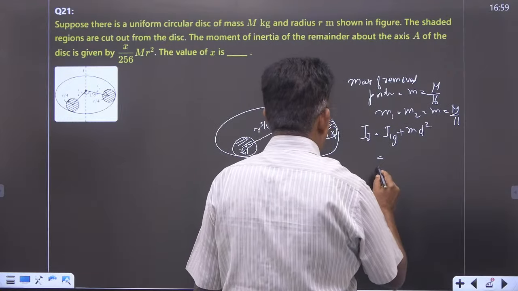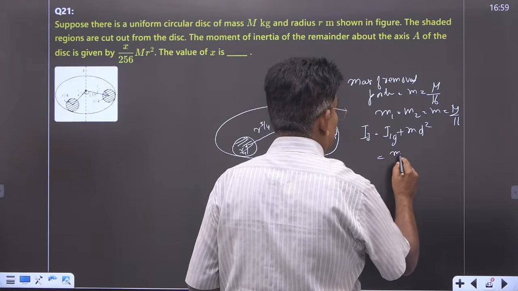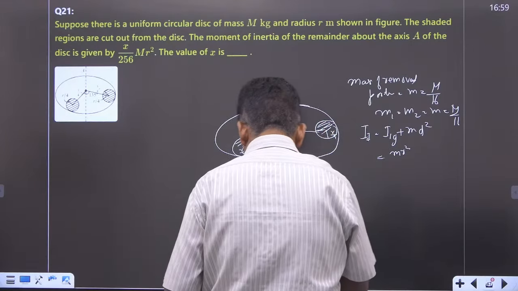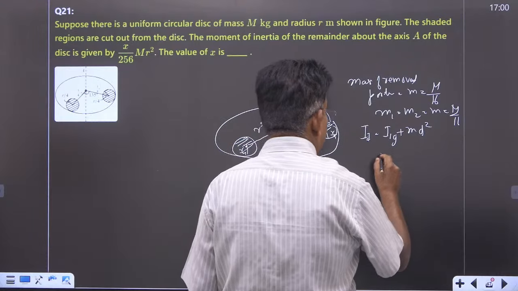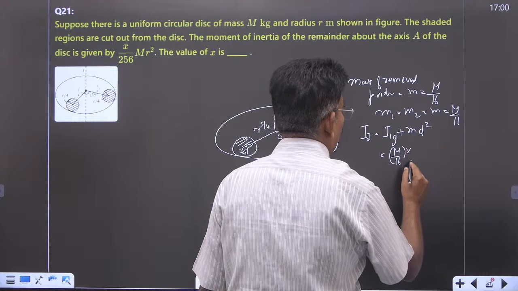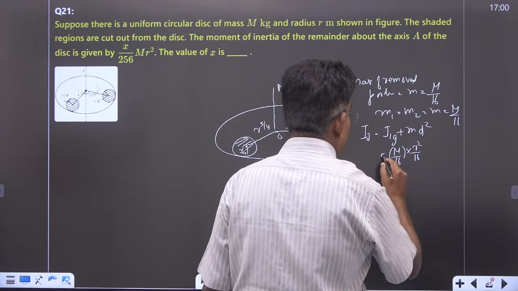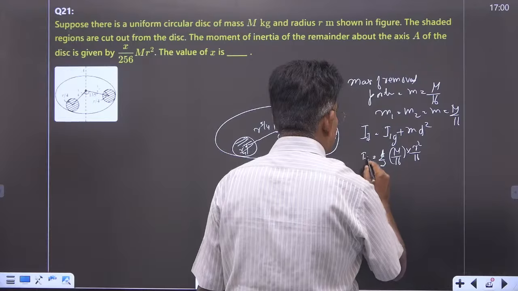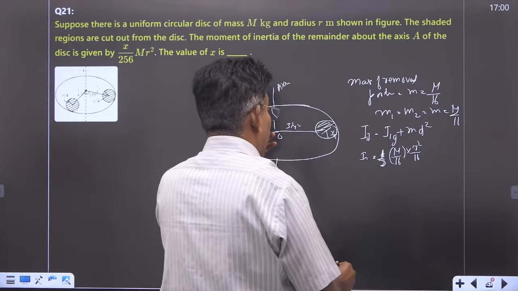Tell me, what is I1G? For a disk about its central axis, it is m r squared by 2. I'm directly writing without wasting time. The mass of that portion is capital M by 16 and R is R by 4, so I1G is half M by 16 into R by 4 whole squared.